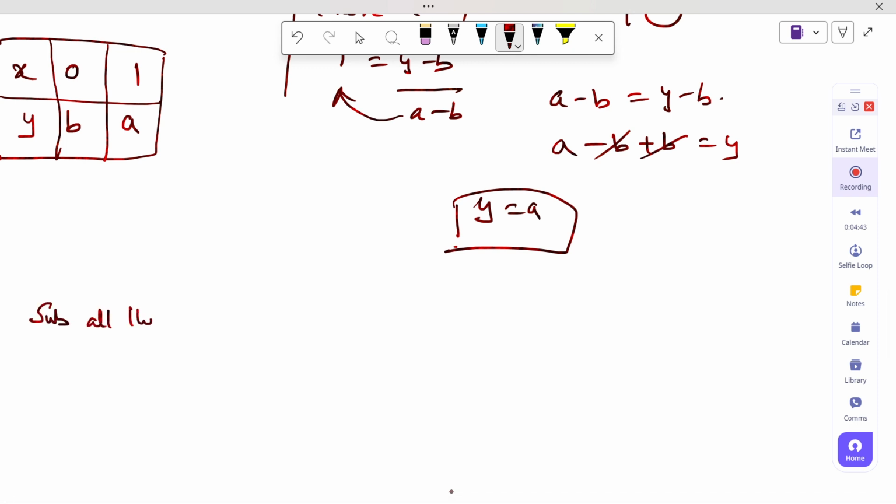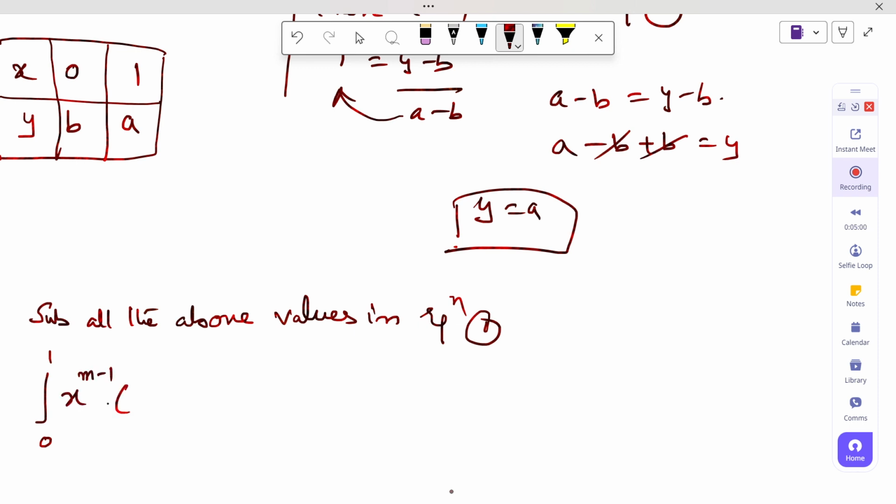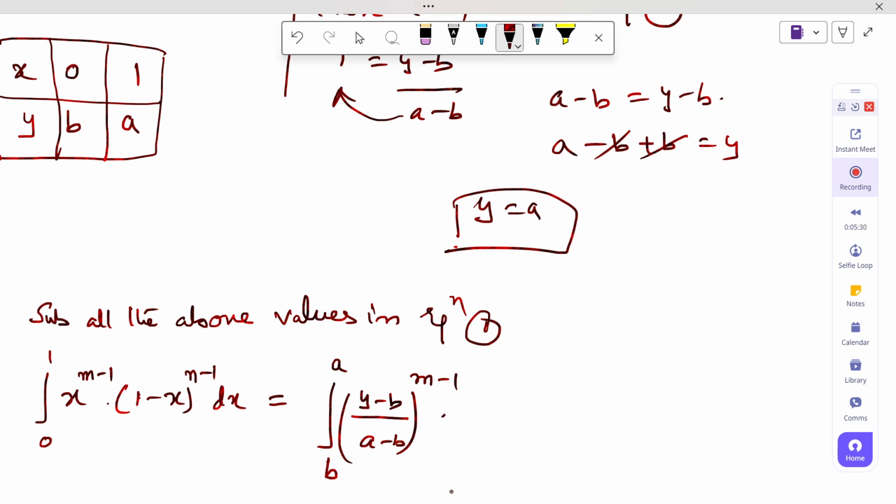Substitute all the above values in equation number 1, where the integral from 0 to 1 of x^(m minus 1) (1 minus x)^(n minus 1) dx will get changed to the integral from y equal to b to y equal to a, where we have taken x equal to (y minus b) divided by (a minus b), to the power of m minus 1, times 1 minus (y minus b) divided by (a minus b), to the power of n minus 1, dx.